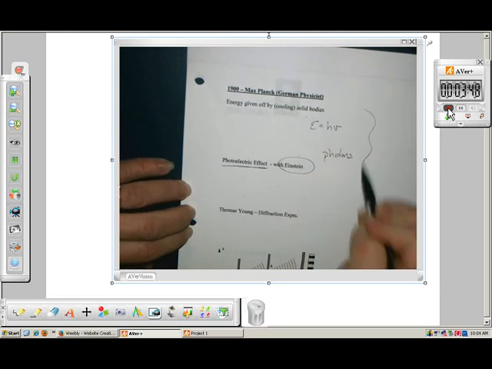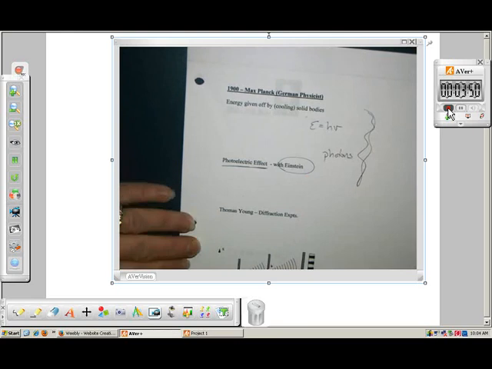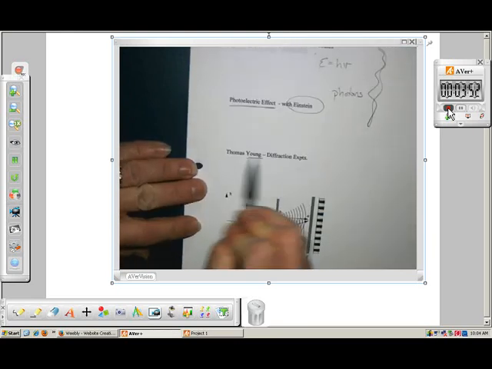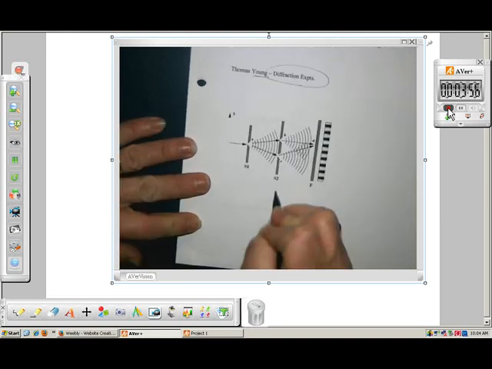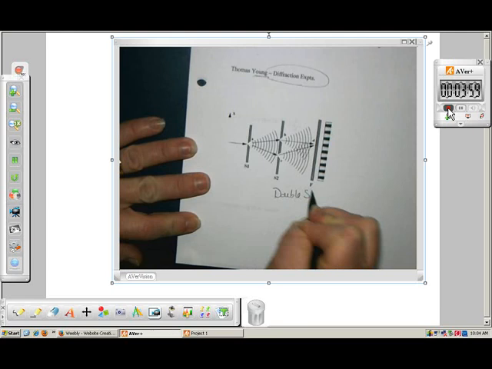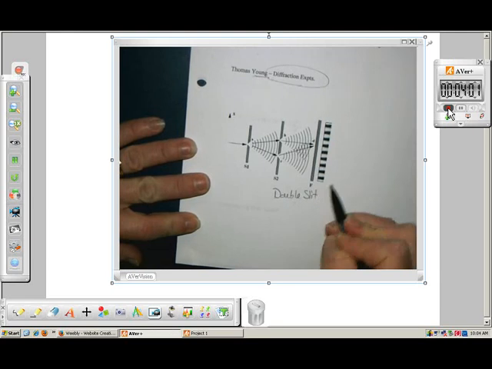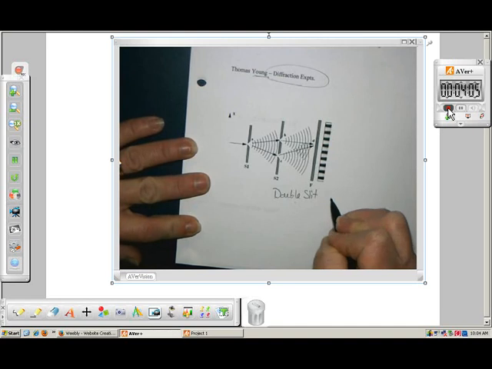Their conclusion about light directly conflicted with what Thomas Young showed us with diffraction. Make sure that you look up the double slit experiment and that you understand the workings and how that was used to conclude that light or electromagnetic radiation is only wavelength, not matter-like.